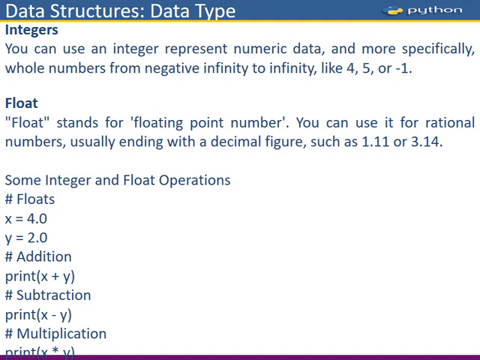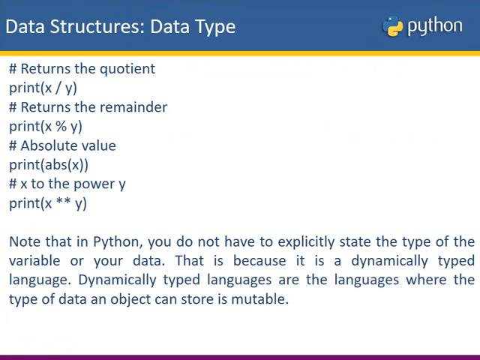So we have the operations on integers and floats, as used in this example here: the addition and subtraction of the float numbers, the multiplication as well, and the return of the quotient and the return of the remainder.